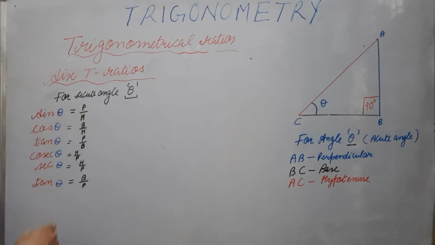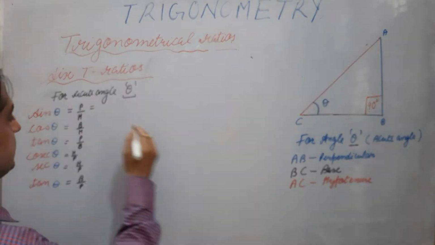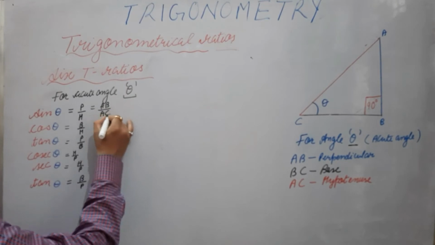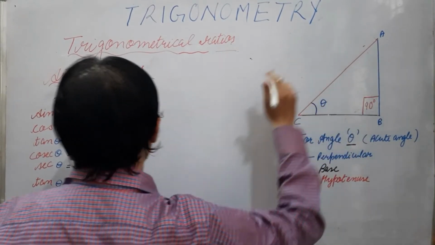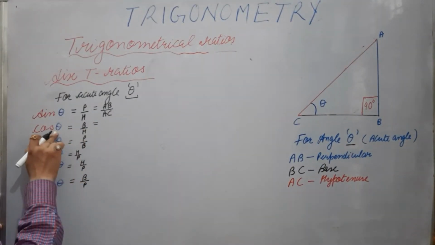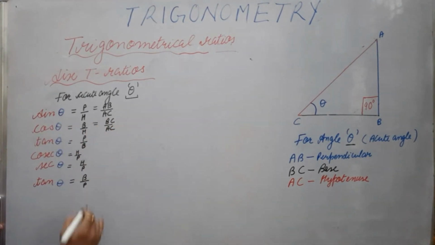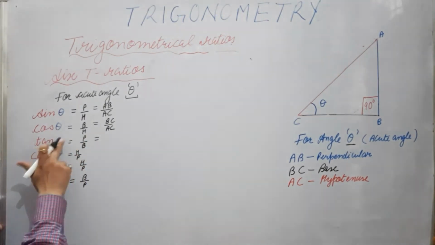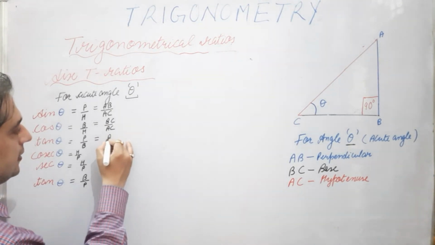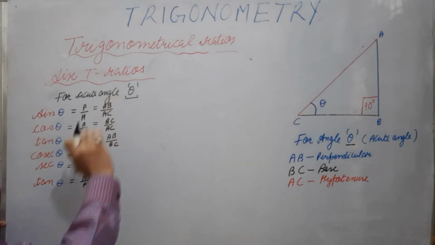So for this angle, perpendicular is the opposite side, which is AB. The hypotenuse is AC, that is the longest side. For the base for angle theta, the adjacent side, that is BC upon AC. For tangent, perpendicular is the opposite side, AB, and base is BC.